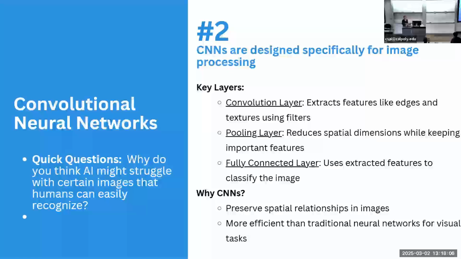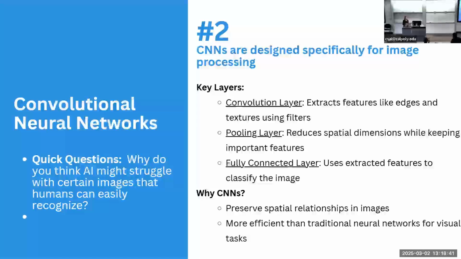Instead of looking at an image as a whole, the convolutional neural network, I'm going to say CNN now, uses convolutional layers to detect small features like edges and textures that the neural network couldn't really make out. They use different layers, like pooling layers, to simplify the image, and finally the last layer connects it all together.